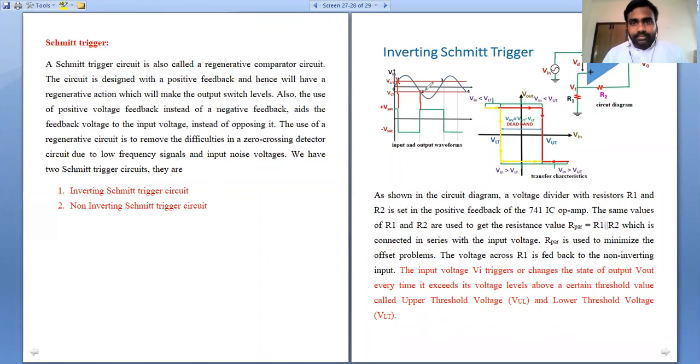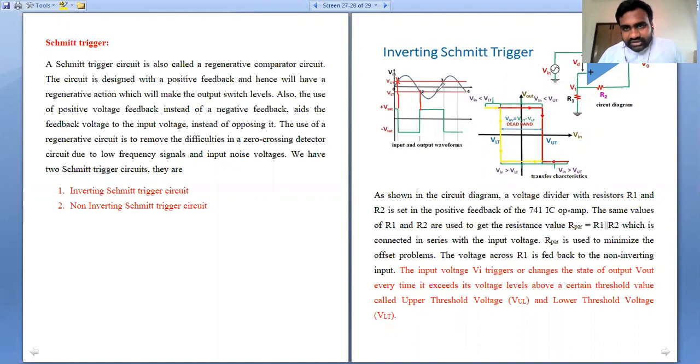Similarly, after the input voltage reaches the lower threshold value, there is a change. Here the input voltage is having the complete negative V peak and is greater than the lower threshold voltage, that's why here we have positive VSAT. And again the input voltage keeps on increasing, and it is reaching towards 0.